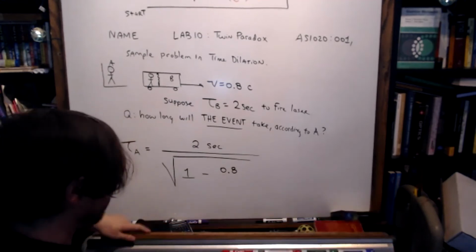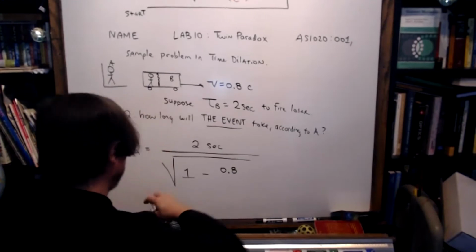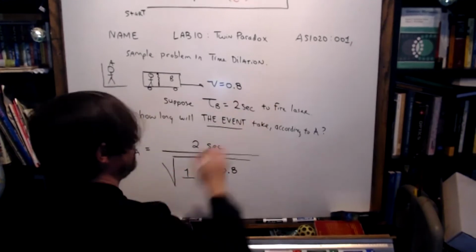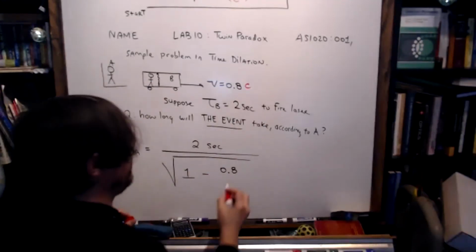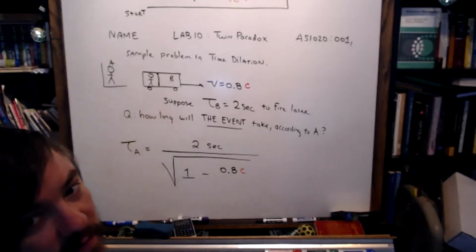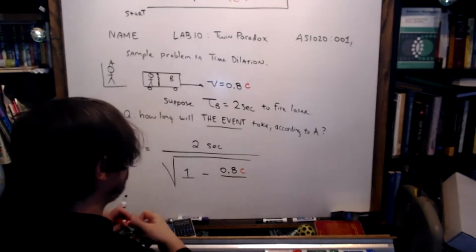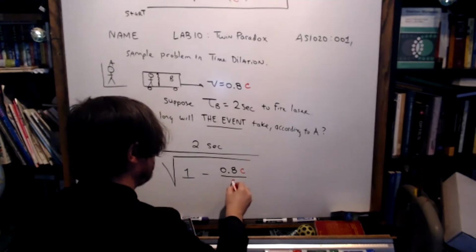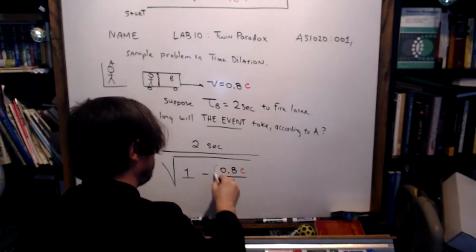I'm going to use red for the speed of light in an attempt to show you how this works, so let me use colors to help you see the algebra here. This is 80% the speed of light. So I substitute in 80% the speed of light for the velocity, and that will be divided by the speed of light. And all of that must be squared.